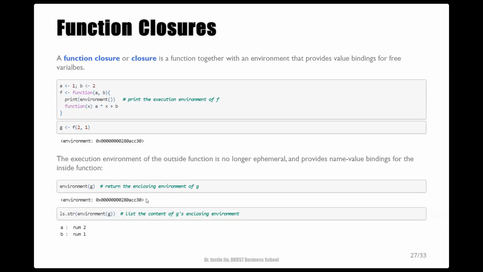If you apply this environment version of the structure function to g's enclosing environment, what you can find is that it bundles values for a and b and provides name value bindings for g's free variables.